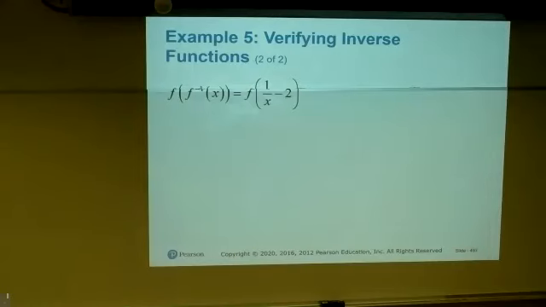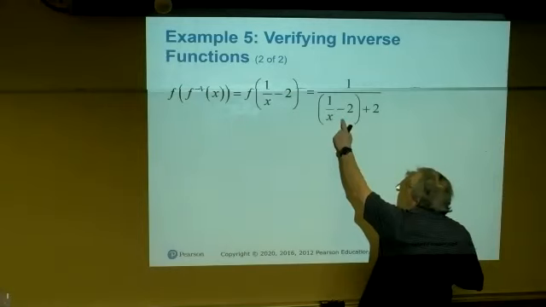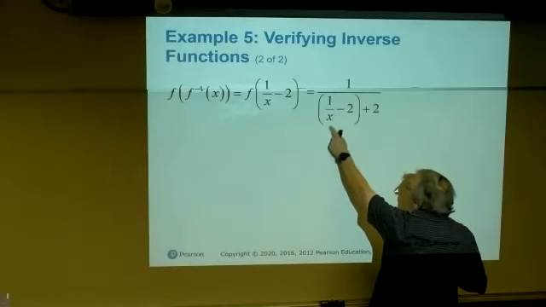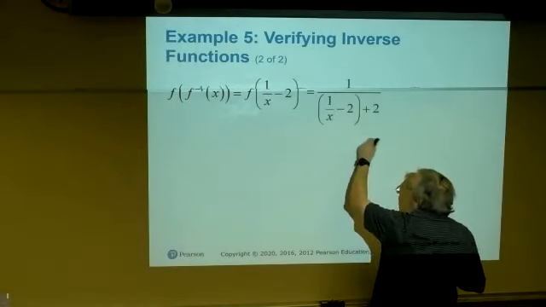Now going the other direction, we're going to put 1 over x minus 2 in for x in the F function. So I'm going to simplify my denominator, which this minus 2 and this plus 2 goes to 0, so my denominator is just 1 over x.